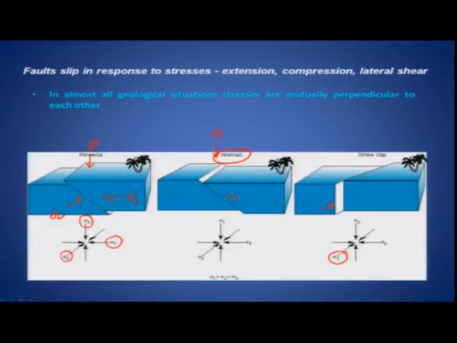This is the movement along the strike, so they are termed strike slip faults. You can refer to this and try to understand how different stresses are important in classifying the different types of faults.